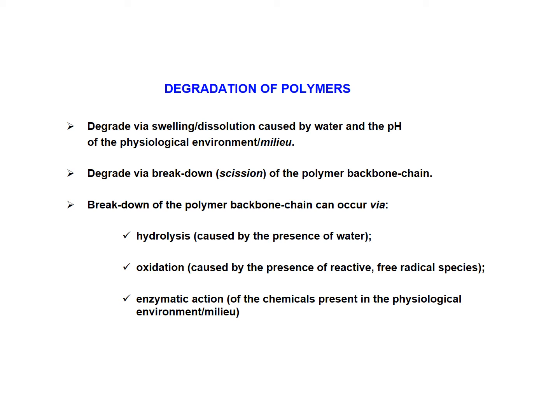Last but not least, the enzymatic reaction of the chemicals present in the physiological environment as a result of the various processes which we already reviewed, like blood clotting, activation of white blood cells, and other events at the tissue level. All these chemical bioactive compounds, special enzymes, can bring about the degradation of polymer compounds.